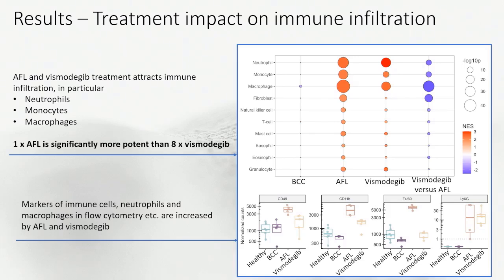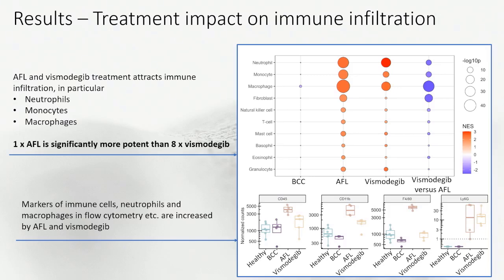But if we then look at how vismodegib compares to ablative fractional laser, you can see to the right that it's much lower for all kinds of cells. So 1 treatment of ablative fractional laser is more potent in this manner than 8 applications of vismodegib.